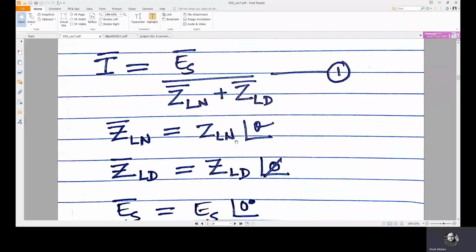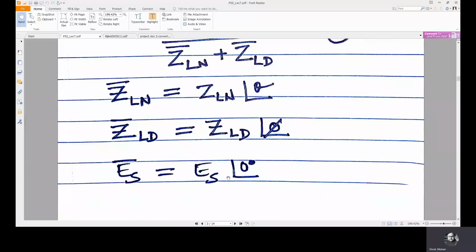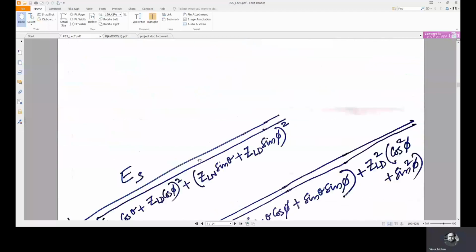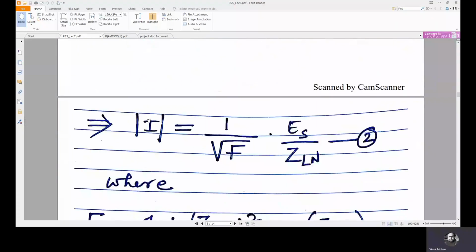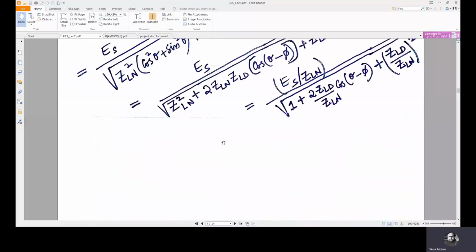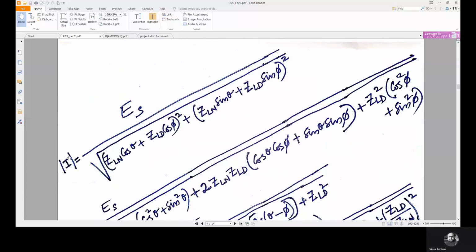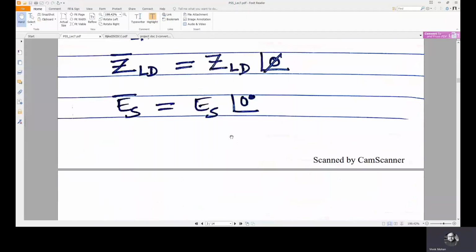Now ZLD can be written as ZLD angle phi. ES equals ES angle 0. This is the reference voltage. Now let's see this. Magnitude of I could be defined from here. So we already know that this is ES divided by this one.